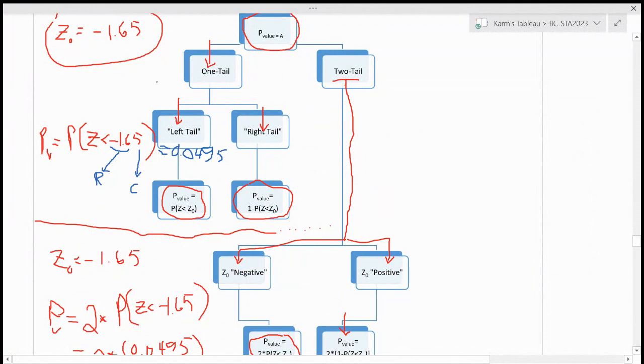We're doing a left tail. This is the formula to find the p-value. If you are doing a right tail, this is the formula. If you are doing a two tail, it depends on whether the z naught is negative or positive. Each one of them gives you a formula.